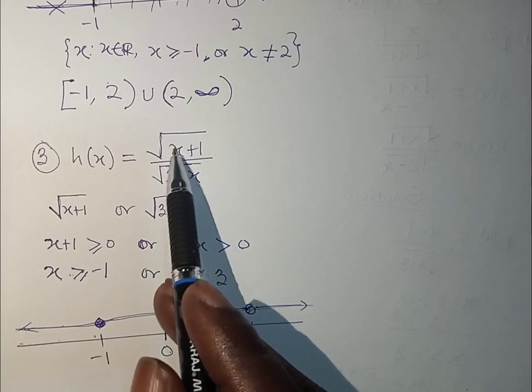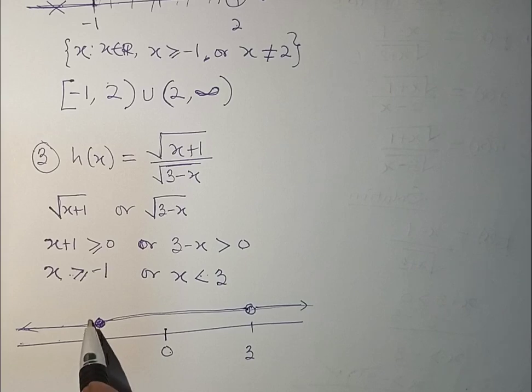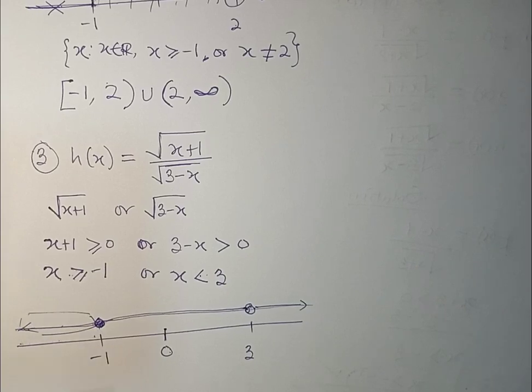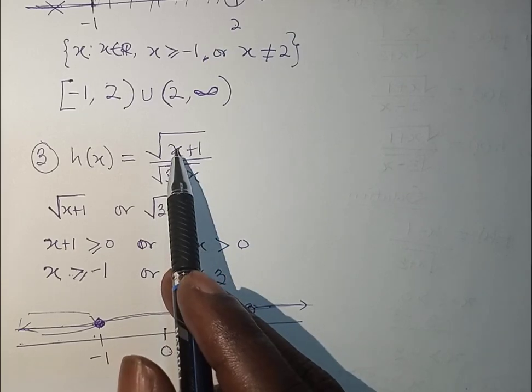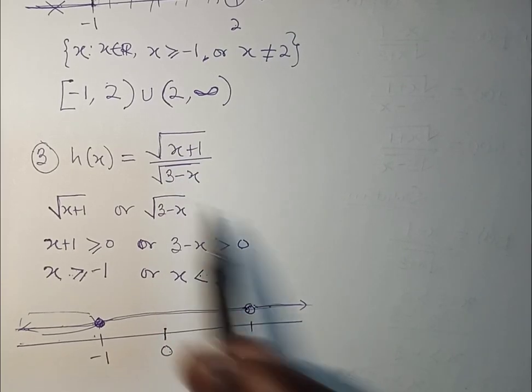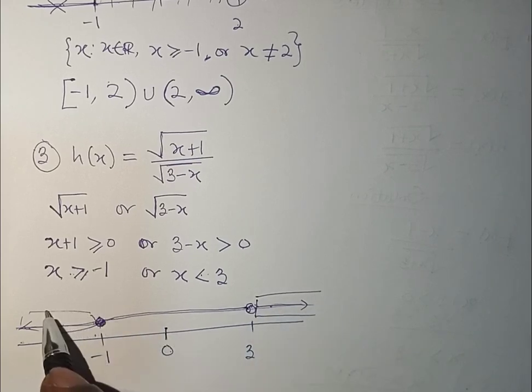What about if I substitute it here? You realize that it will not satisfy. So it means that we can't consider this portion. Let me also pick another number here. Let's say 4. If I put 4 here, will it satisfy the condition? No. If I pick it here, yes, but here it will not satisfy. So it means that I will not pick this side as well.